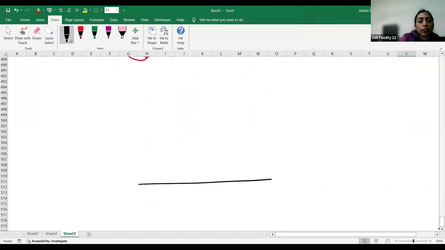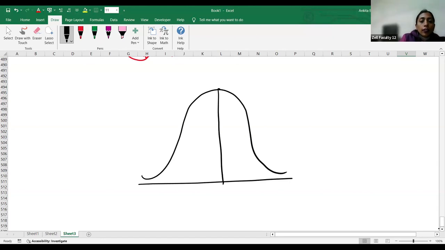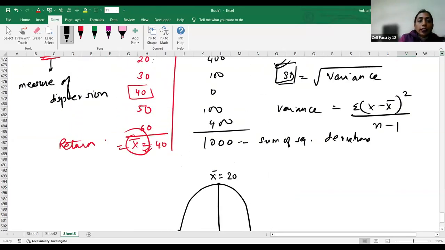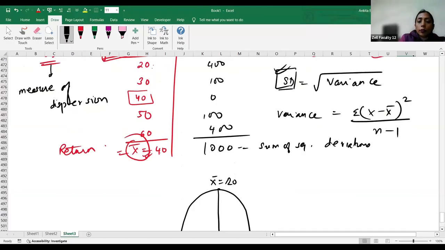Then if I take this data and try to plot it, these points are my X points. Here, this is my central value, X bar, which in our case was 40, our average value.